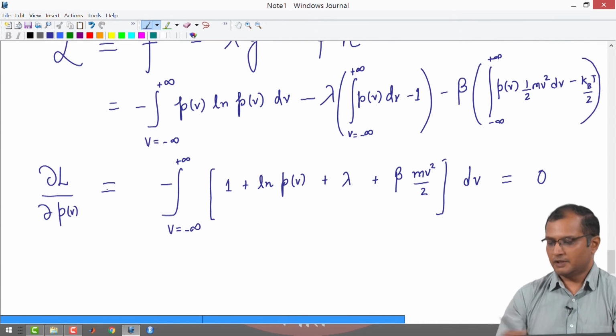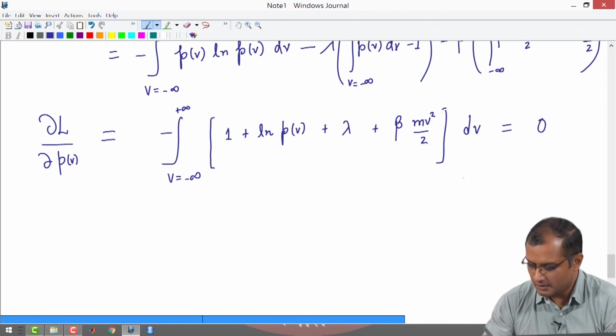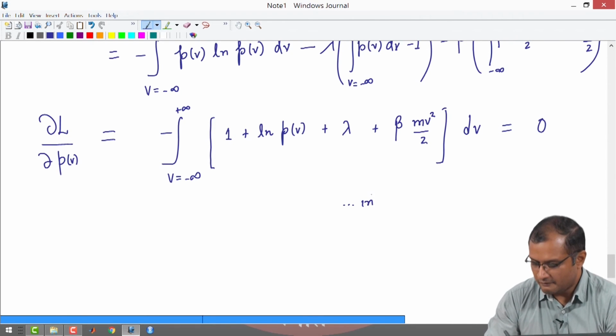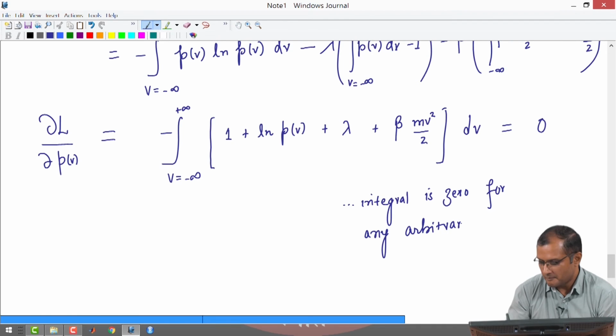Now you can see that the integral is 0 for any arbitrary integrand.